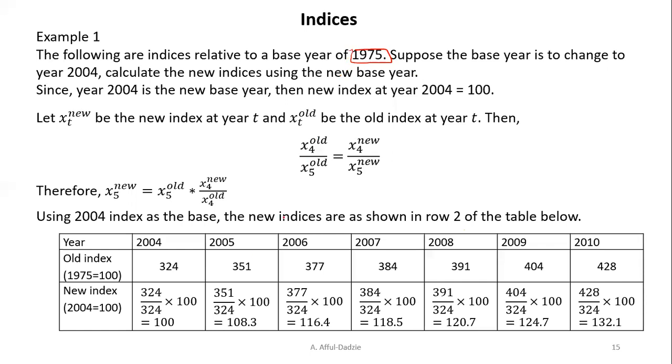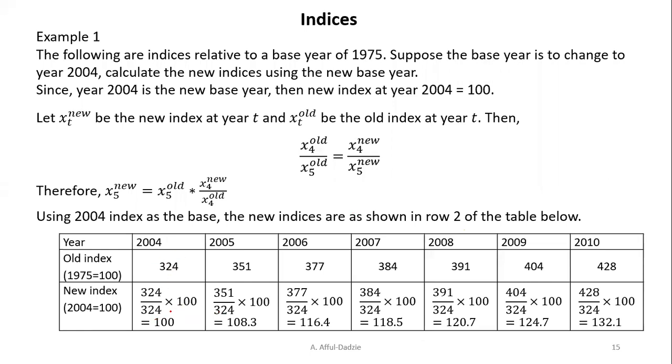These values were computed based on the indices or the value as at 1975, but now we want to employ 2004 as a new base value. So the only thing is, now we are going to use the value of 2004 as our base value and no longer use the value of 1975. Just like we've done all this while, this value divided by itself gives you 100.